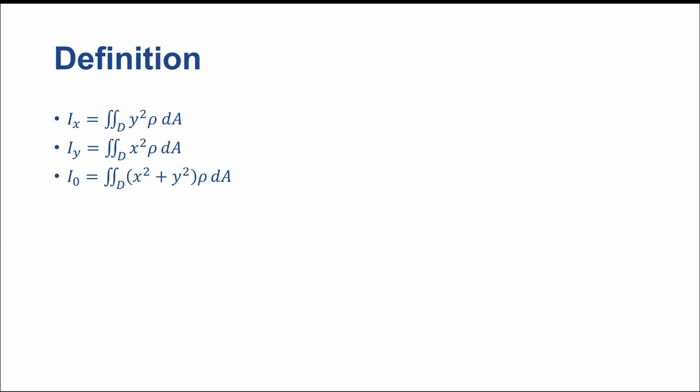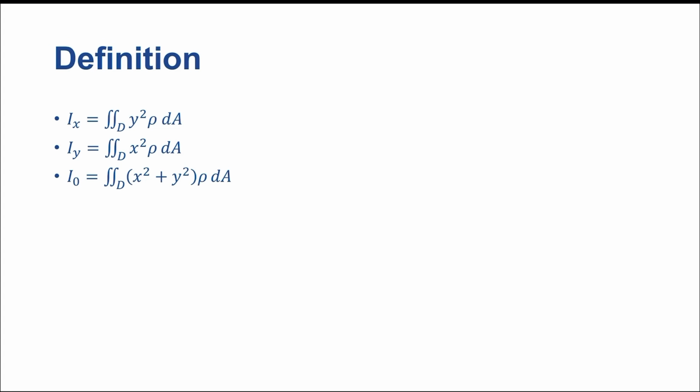If I want to find the moment of inertia about the y-axis of the rigid body defined by the domain D, I take the integral of x squared times rho dA. And then finally, if I want the moment of inertia about the origin, which we call the polar moment of inertia, that is equal to the integral of x squared plus y squared times rho dA.